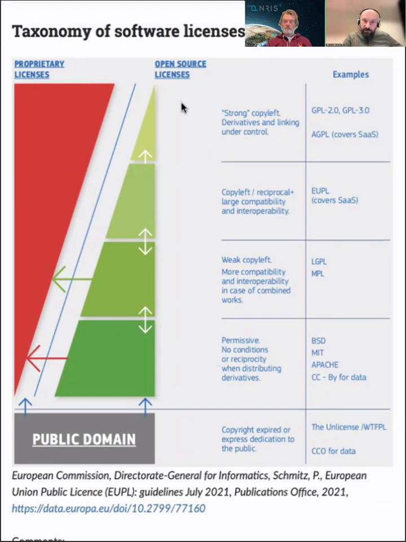But the more we keep on going up in this continuum of strictness of the open source licenses, the more we introduce the concept of copyleft. And the idea of copyleft, I don't know how to explain it in an intuitive way.